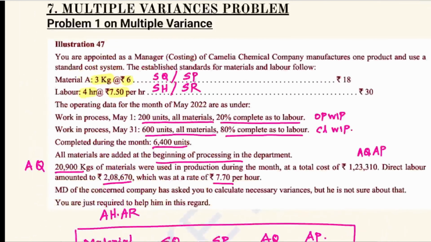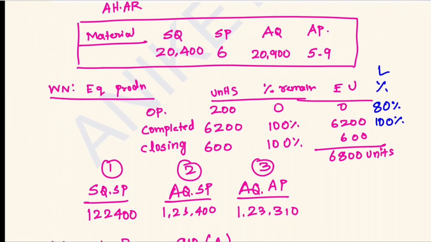Closing is 80%. Closing is also 80%. So now I will multiply units into these percentages. What I will get? 200 into 0.8, 160. Then 6200. Then 600 into 0.8 is 480. With respect to labor, the equivalent units is 6840 units.